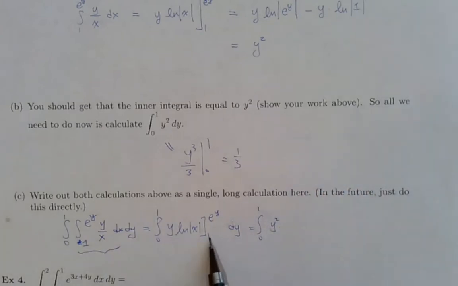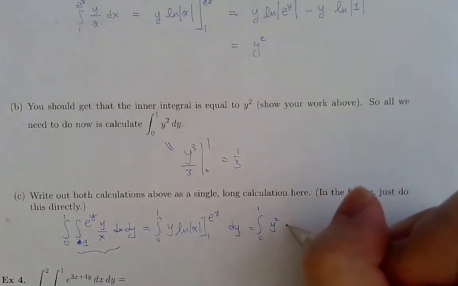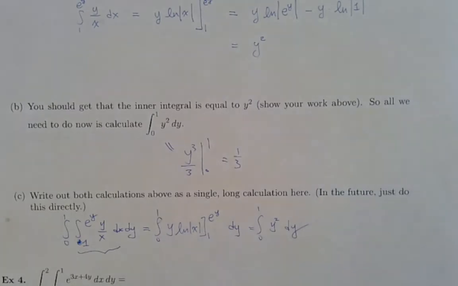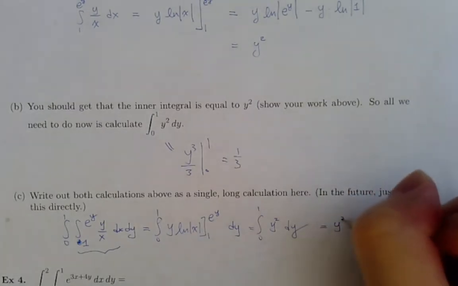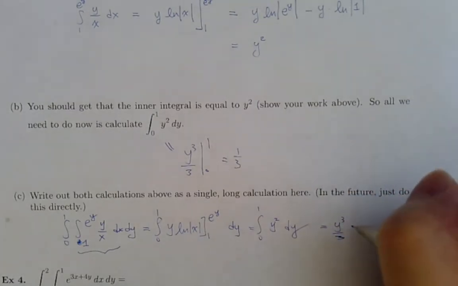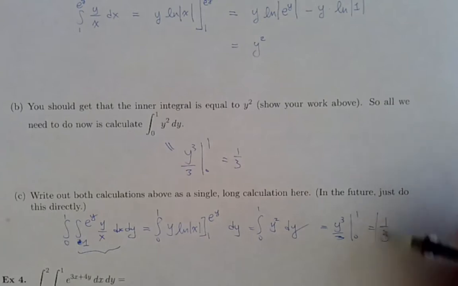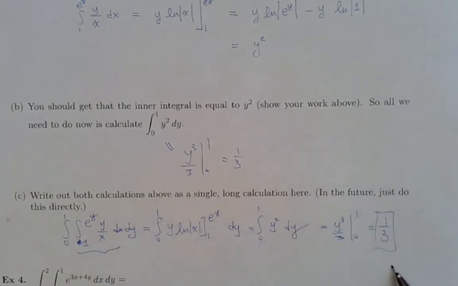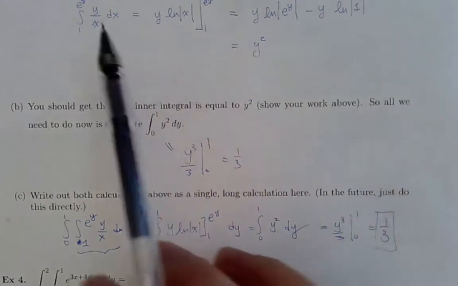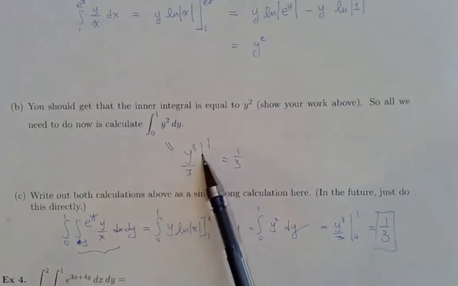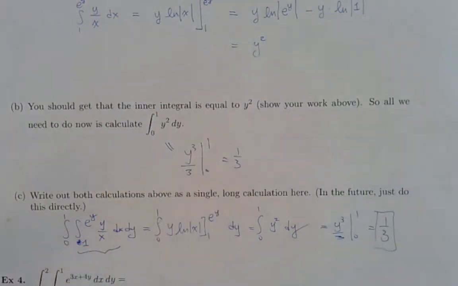And then if I plug in 1, I get 0. That's this. And then I can do this. And then get a final answer. So in the future, what I would like you to do is simply do this. Don't break it out and calculate the inner integral first and then go integrate it. Do it all in one step.